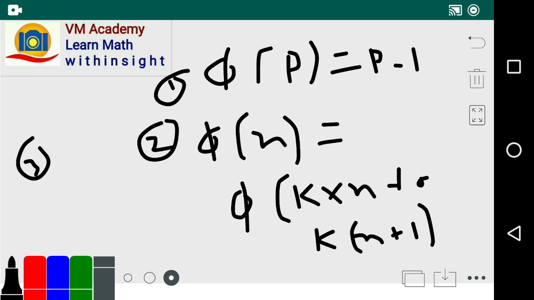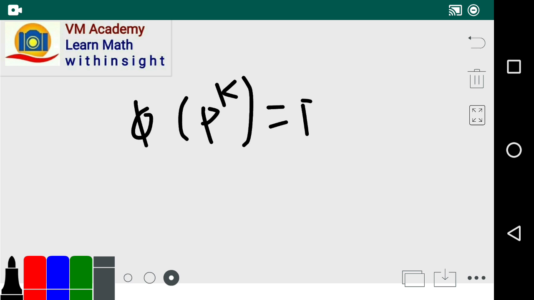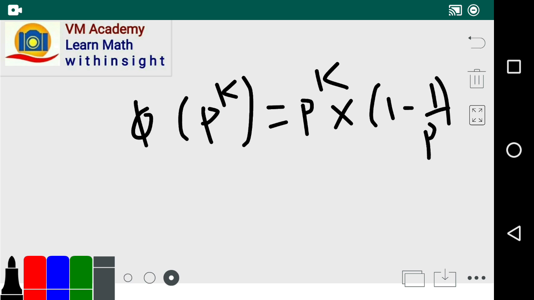And the third result is phi of p raised to k for prime p, which is nothing but p raised to k into 1 minus 1 by p, friends.